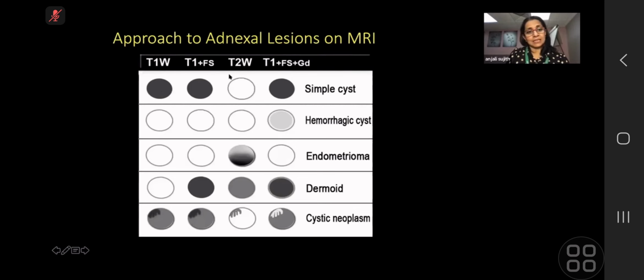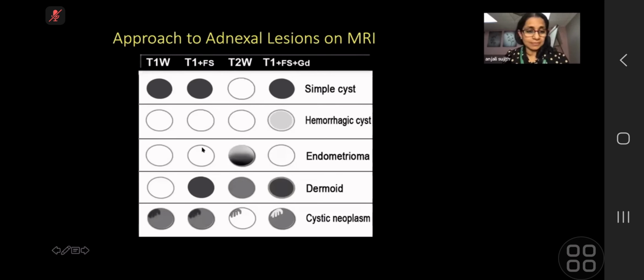So a simple cyst would be low signal on T1, low on fat sat, bright on T2, and will not enhance. A hemorrhagic cyst will be bright on T1, it will remain bright on fat saturated, it will be bright on T2, and it will not enhance.